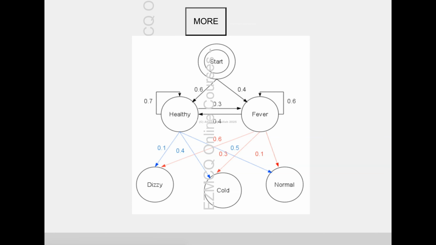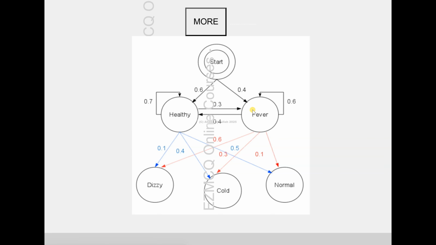Hidden Markov models not only provide the basis for modeling, but also influence deep reinforcement learning methods that involve memory, sequence modeling, and something called belief tracking. In this diagram, the hidden states are, for example, healthy and fever.